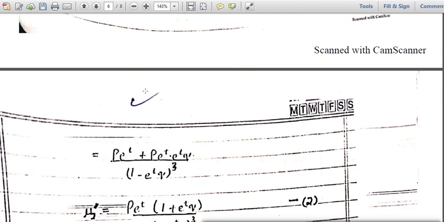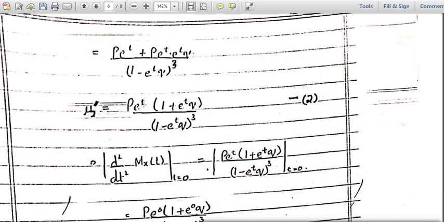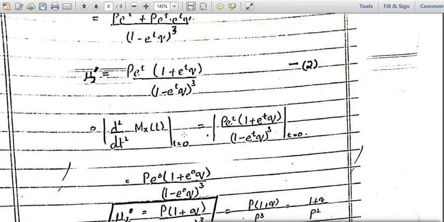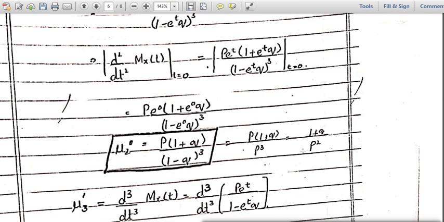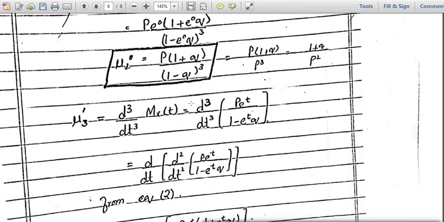You can do all the calculations for mu2 prime. Now mu2 prime is p e^t (1 plus e^t q) over (1 minus e^t q) to the power 3. We put t equal to 0, and this is the value of the second moment about the origin, (1 plus q) over p squared.